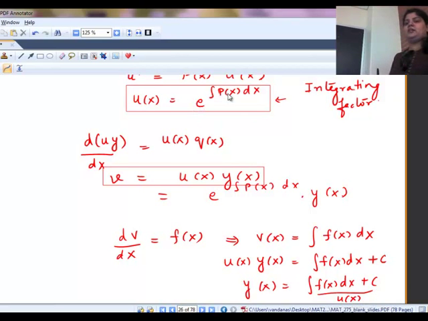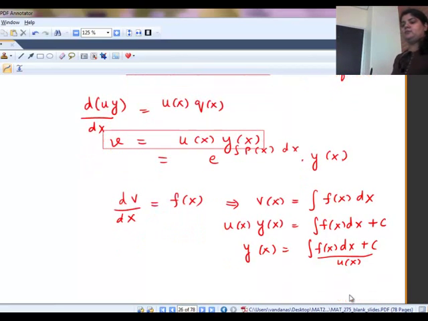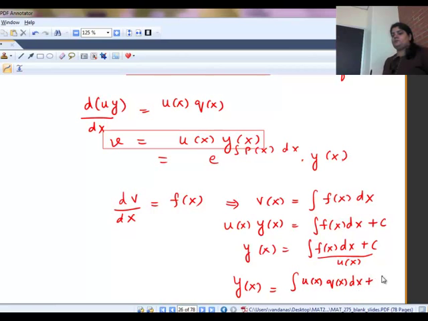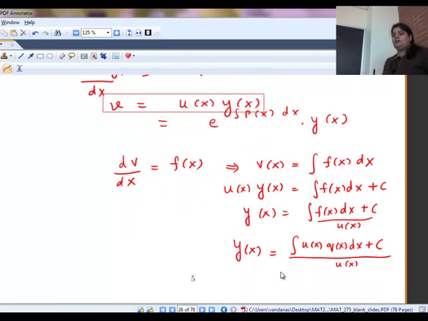And u(x) is e to the power integral p(x), and that's the solution of this problem. And f(x) is what? f(x) is u(x) times q(x). So u is the integrating factor, you plug in u and you will get the solution of this problem.